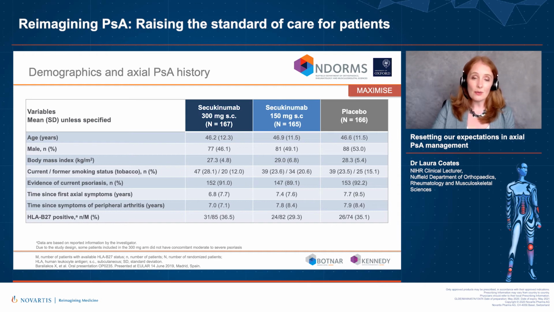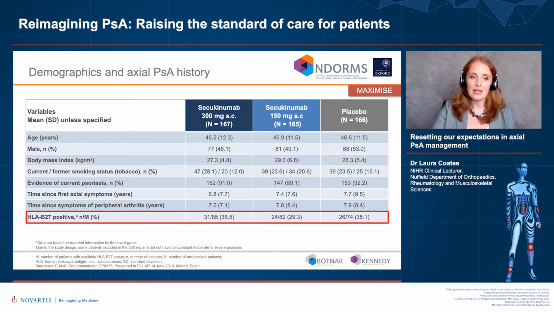They're slightly overweight, as we would expect really with the psoriatic arthritis cohorts, and they've had symptoms for quite a long duration in their spine and in their peripheral joints. And you can see at the bottom that around 30 to 35% of these patients were found to be HLA-B27 positive. Now that's obviously low compared to a cohort of AS patients, but probably about what we would expect for axial psoriatic arthritis.